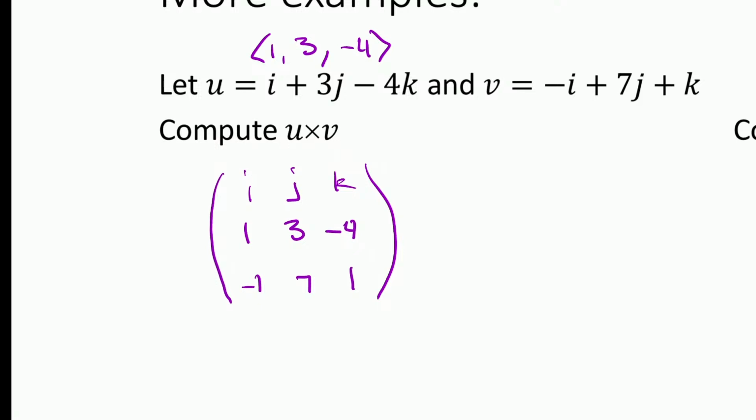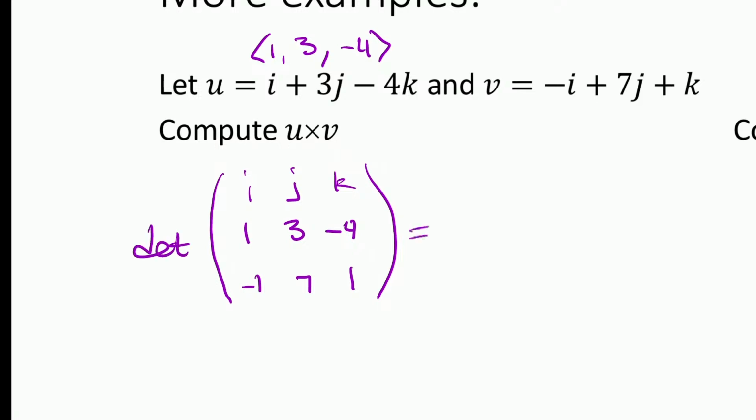These are sometimes referred to as the standard basis vectors, the unit vectors. But in reality, they're just placeholders that represent the x, y, and z components. So they do represent unit vectors, but we don't have to get into that. So you don't want the i, j, and k down here anywhere except for the top row. Same thing here.